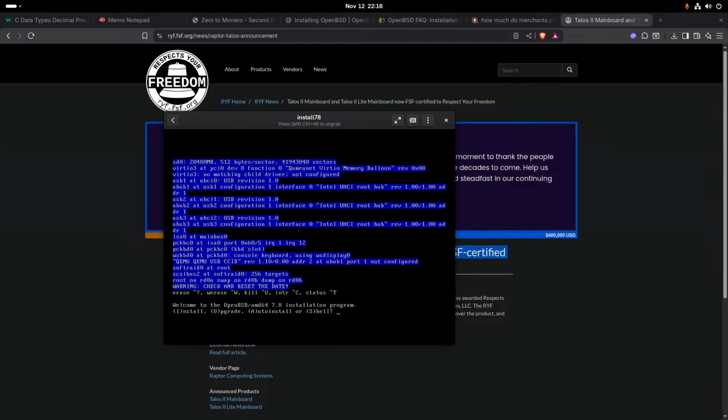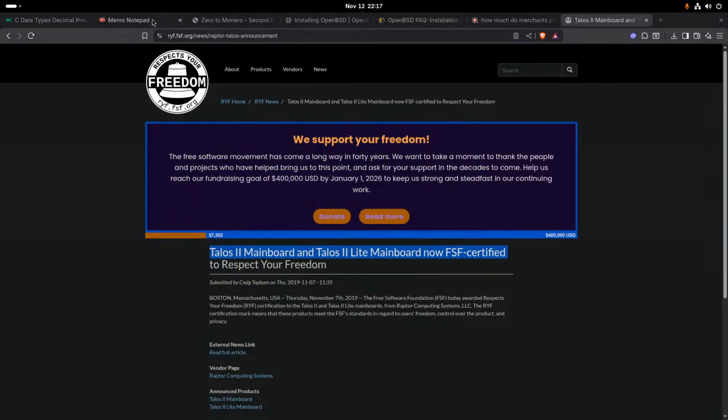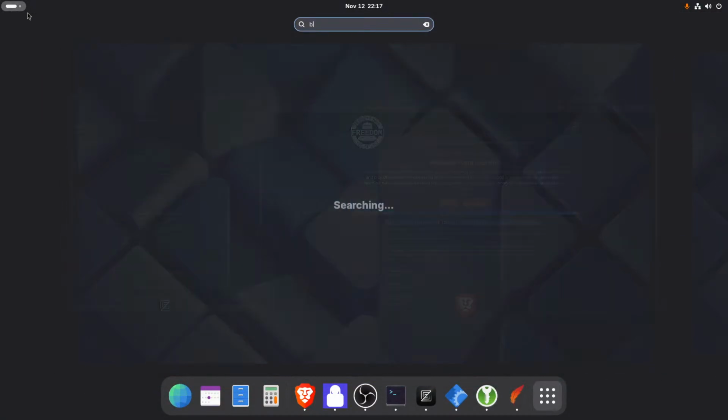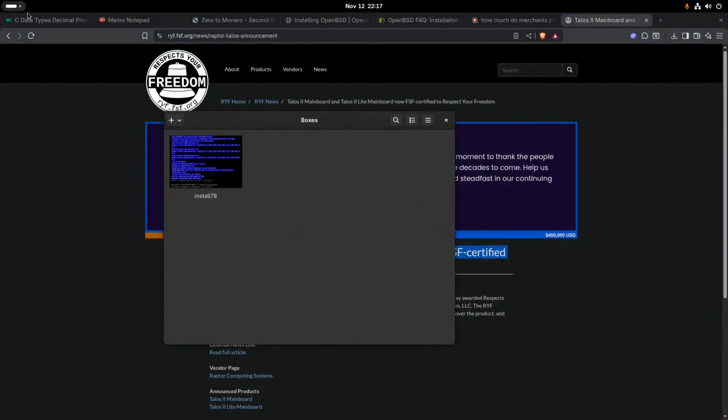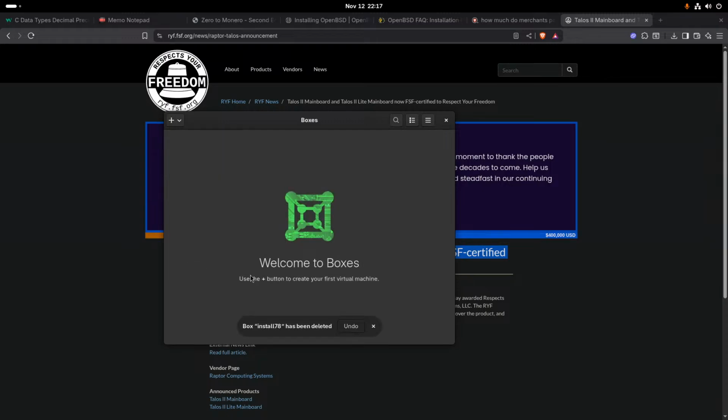Oh, it seems like, it's weird. Maybe I got a corrupt file. Let me actually check this out. I don't know why it's not working. I've never gotten this far.